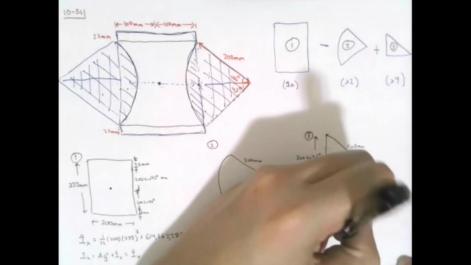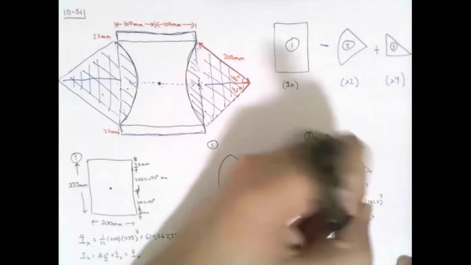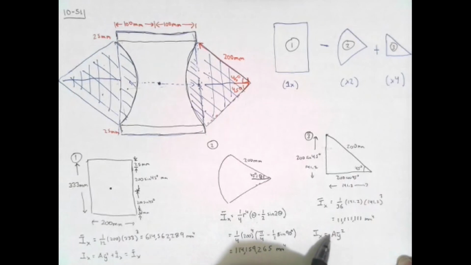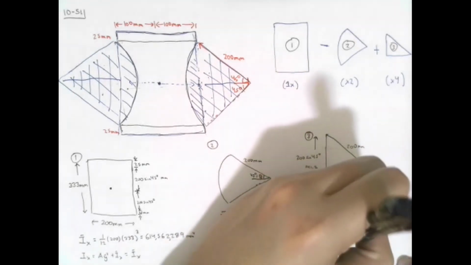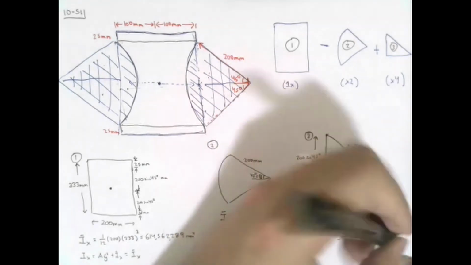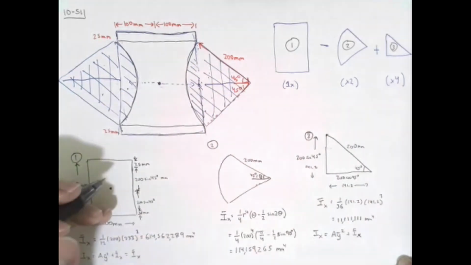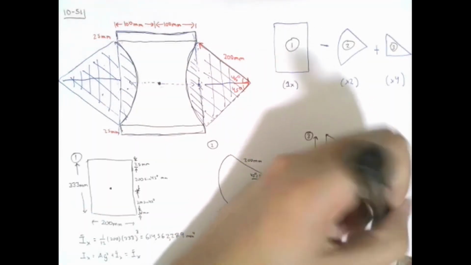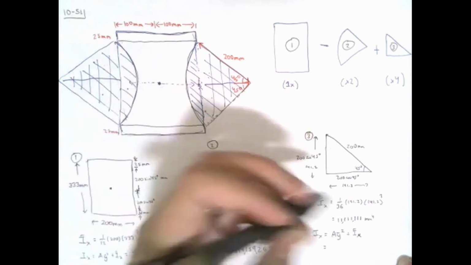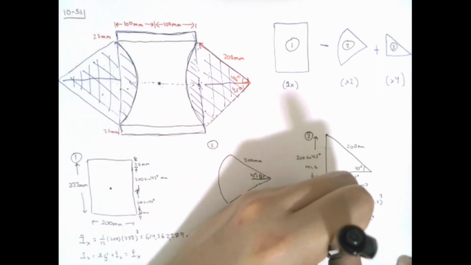So the parallel axis theorem tells me that the moment of inertia about the x-axis is A y bar squared plus I bar x. And for this triangle, my area is going to be 1/2 base times height.